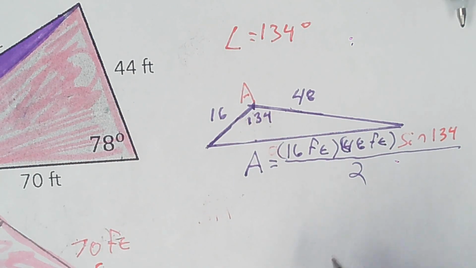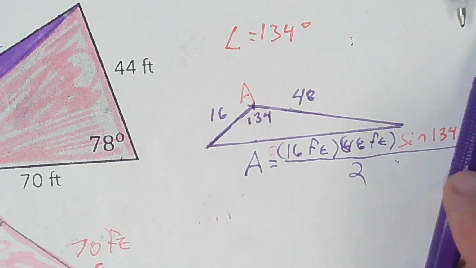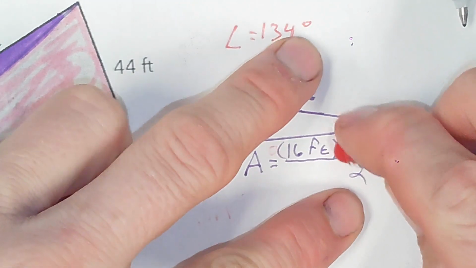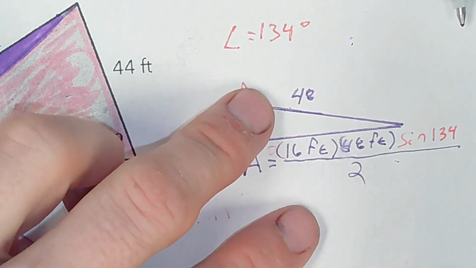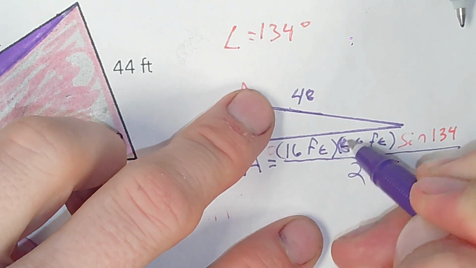That might give us a negative value, but it's still going to be the absolute value of that. That's going to be the area of that.